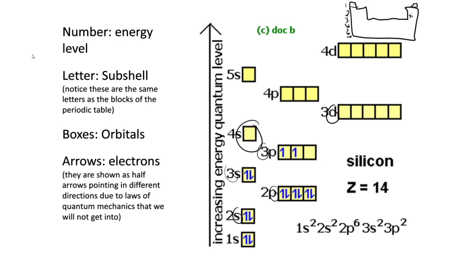So this is another way to represent where electrons are and represent that whole structure that I just talked about on the last slide. All right, so we've got energy levels, we've got subshells, we've got orbitals, we've got electrons, right? So this is also another way where we've got energy level, subshell, electron. They just don't have the orbital in this one. The orbitals are not expressly shown in this, but they are still there.